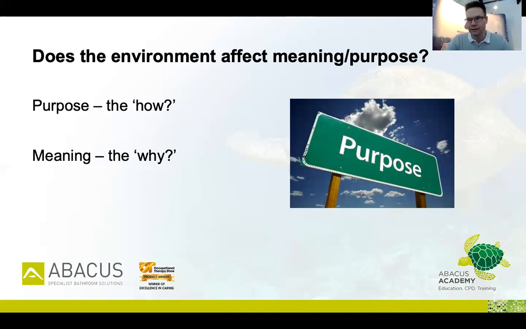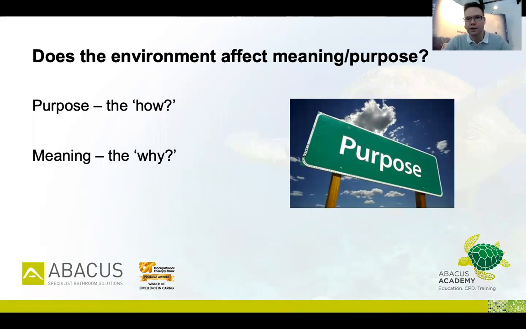It's the why, I think, that makes it meaningful. So why do you do that? Now, if it's, well, I'll obviously make a drink because I'm thirsty, then yes, but that still could be purpose. The meaning for me is more, do you do it when people come round? Does it help you engage socially?